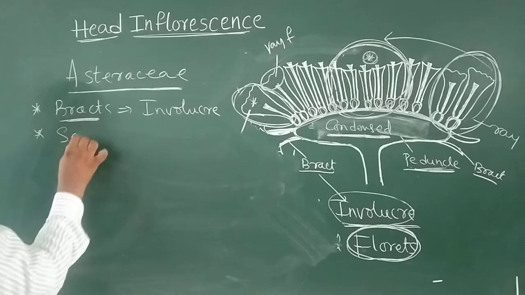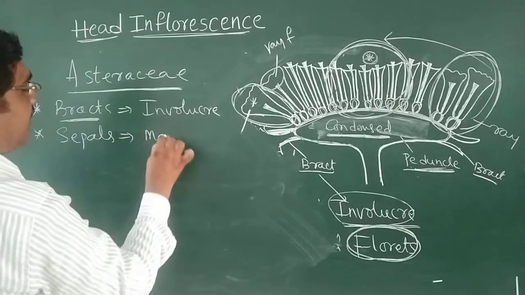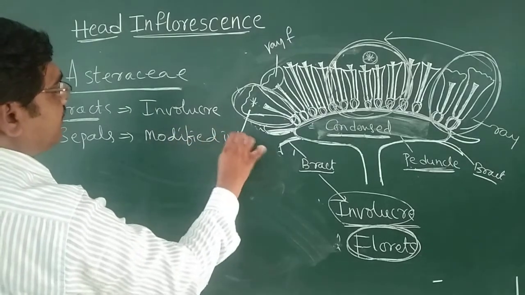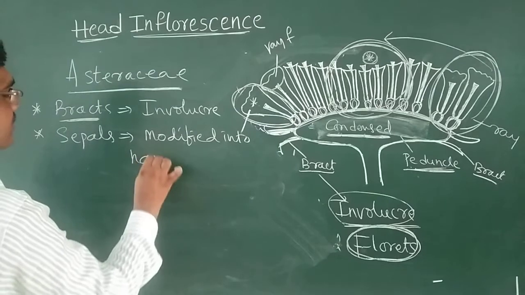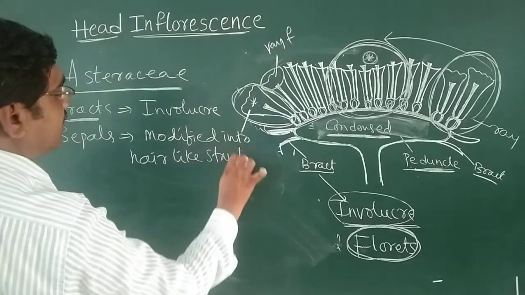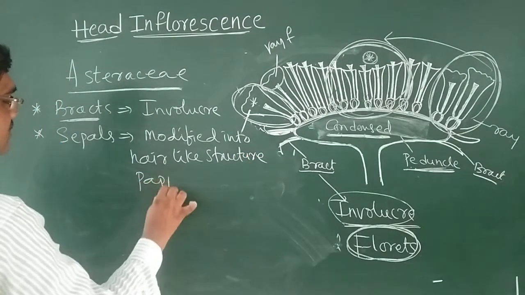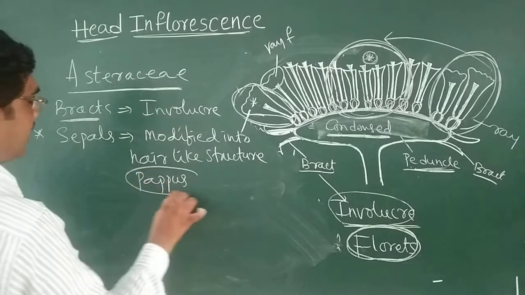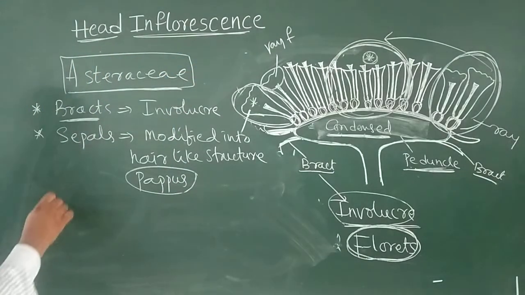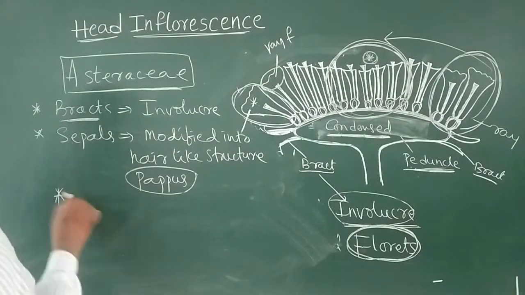Next, the sepals are modified into a hair-like structure called pappus. This is the most important characteristic feature in the Asteraceae family. Next is the petals, means corolla.